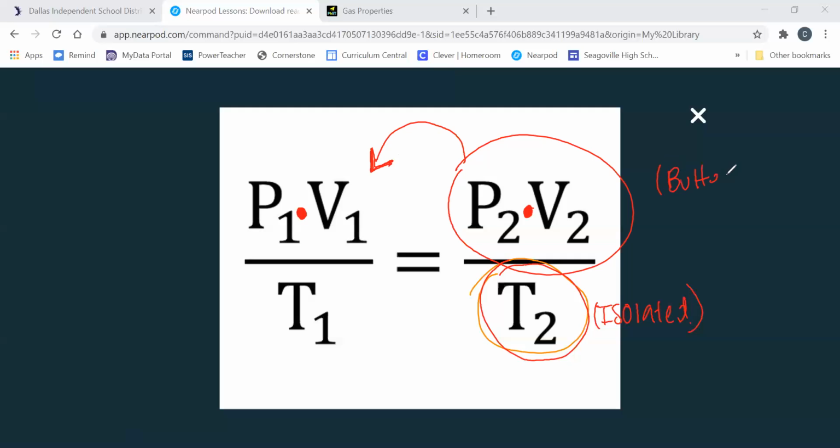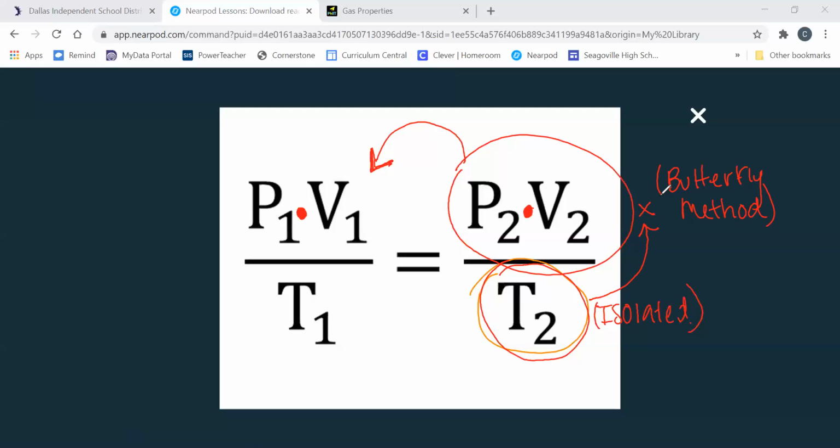because the only way we can do the butterfly method is if we move this T2 to the top. It has to be on top; it can't be on the bottom. So what I'm going to have to do is flip them.